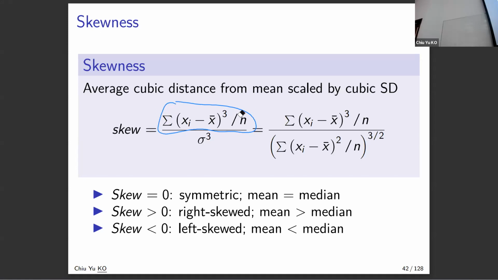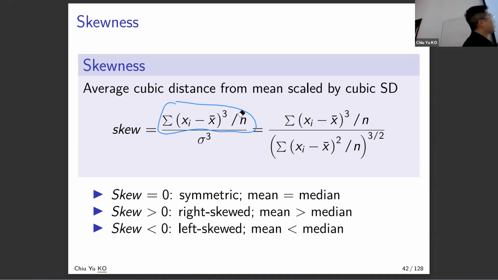Consider the case of 10: 10 times 10 times 10 is 1,000, a very large number, compared to the case of 1, which is 1 times 1 times 1, which is 1. So the further away from the mean will be magnified so much that if the shape is so asymmetric around the mean, it will be reflected in this measure.